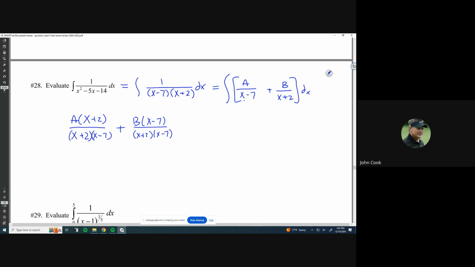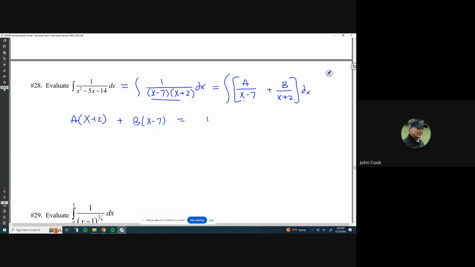And this is supposed to be equal to the beginning fraction, 1 over (x minus 7)(x plus 2). Notice that the denominators are the same, so you can ignore those, except for the domain restrictions, obviously, but you can ignore them for solving purposes.